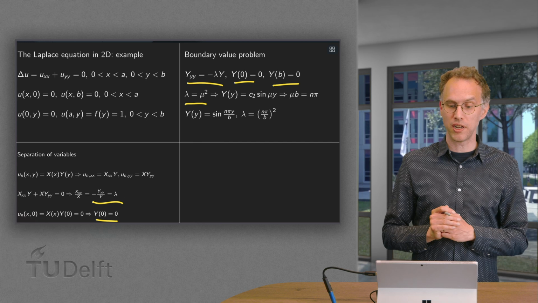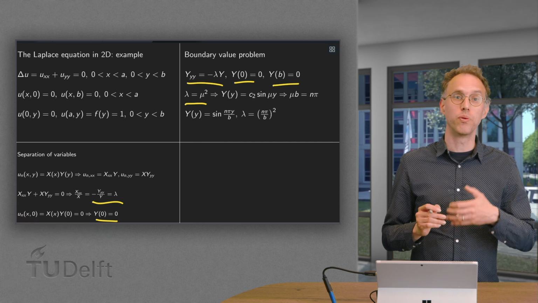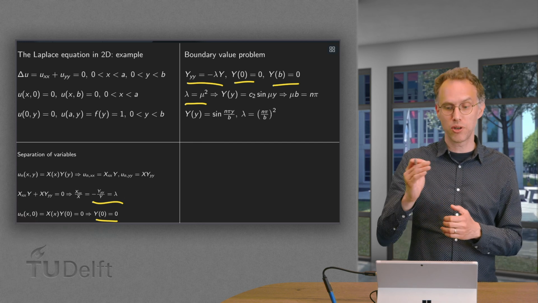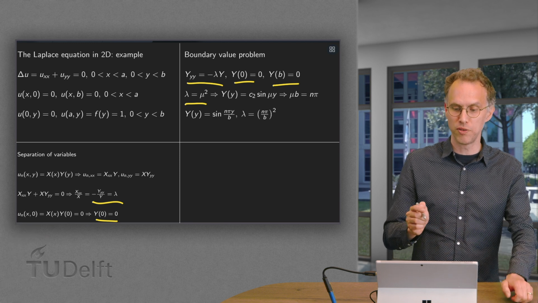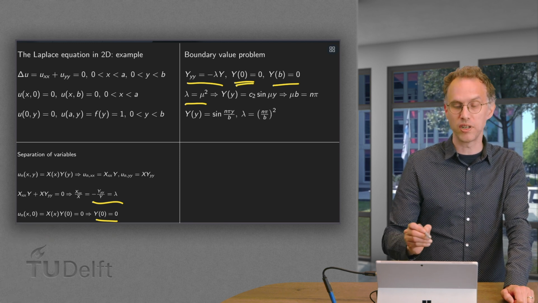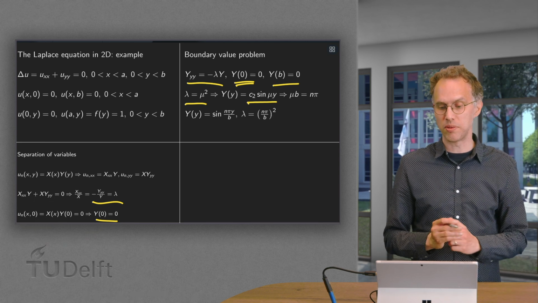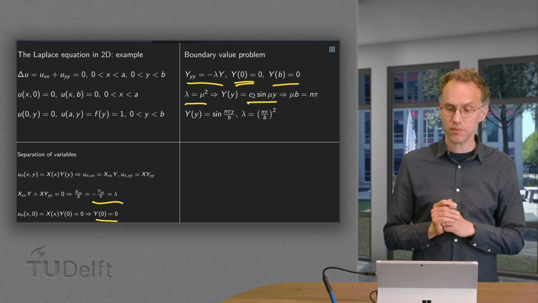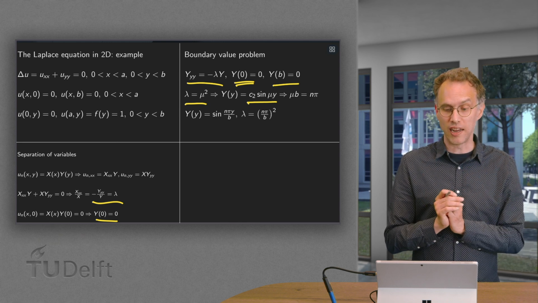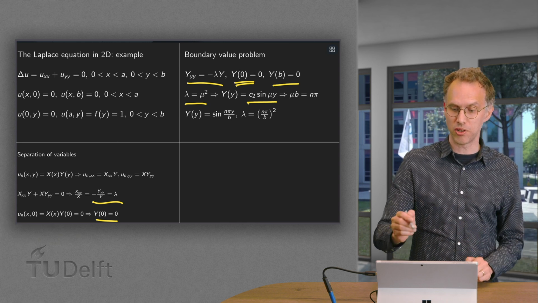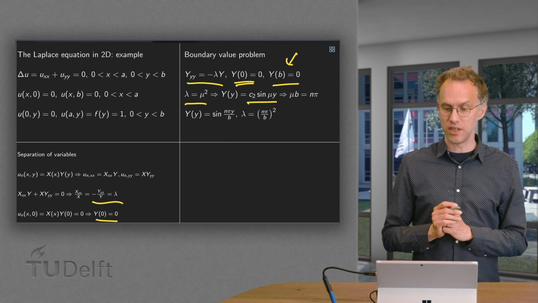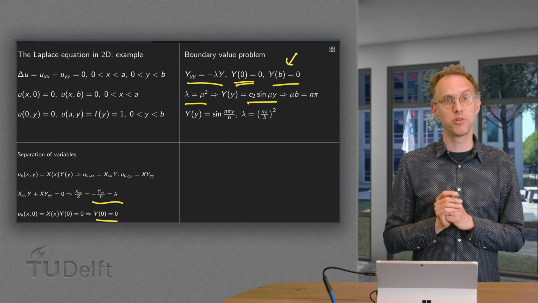So we put lambda equals mu squared. You get Y(y) equals c1 times cosine mu y plus c2 times the sine of mu y. Due to this boundary condition, the cosine drops out, so you are left with c2 times the sine of mu y. And in order to satisfy the second boundary condition over here, you need the sine of mu times b to be equal to 0.